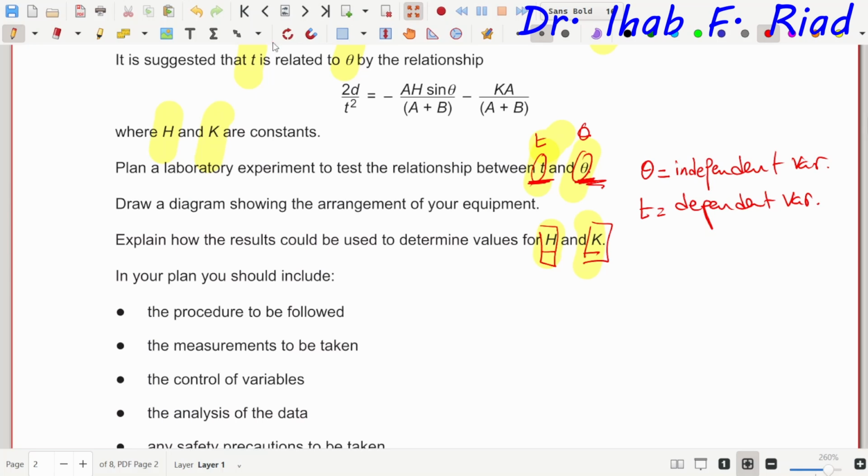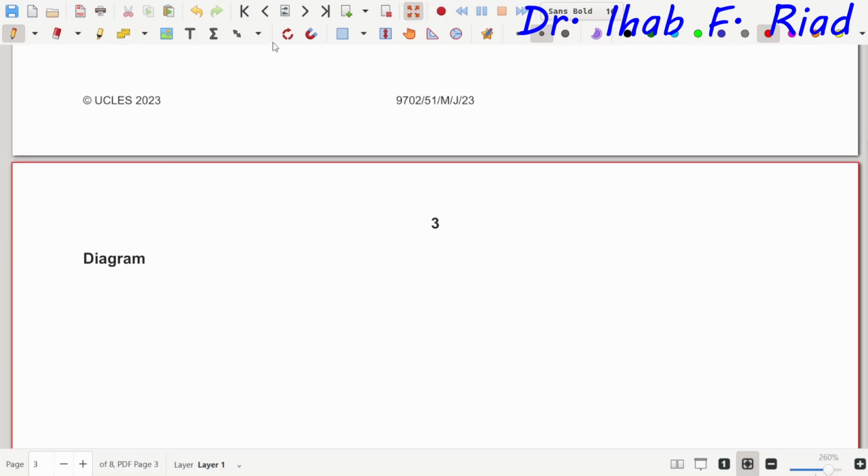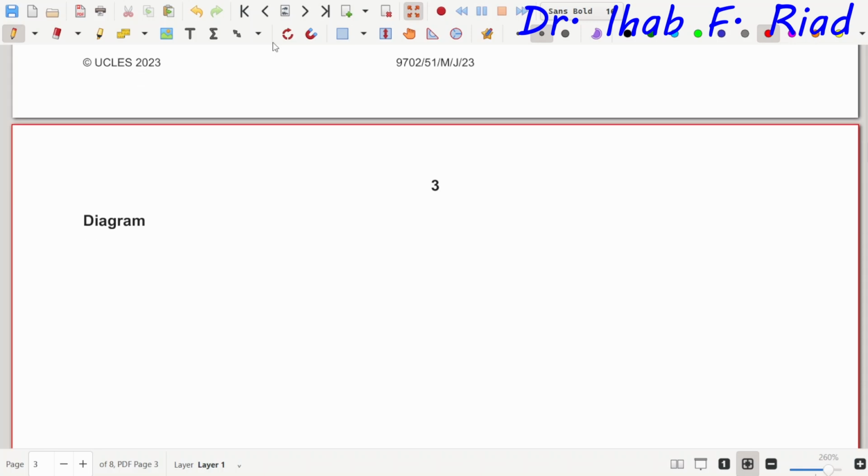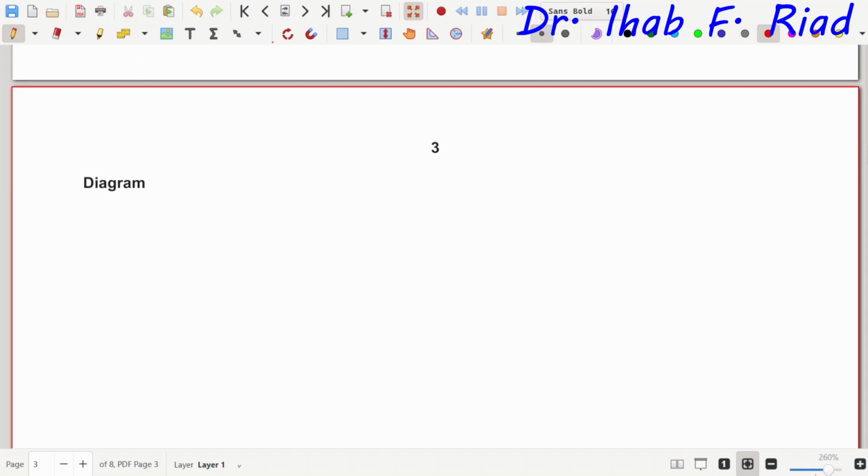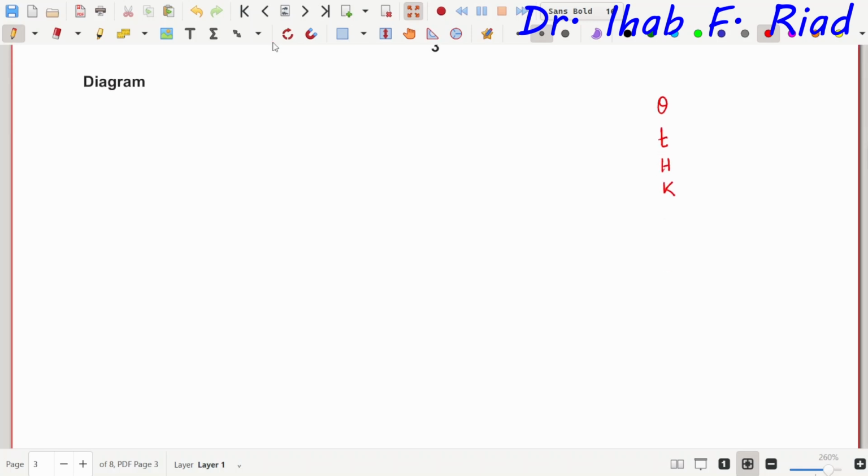The way to go through this kind of question is to try to write all the variables that you have. We have theta, T, H, K, A, B, and D. Now we say which is which. Theta is the independent variable.